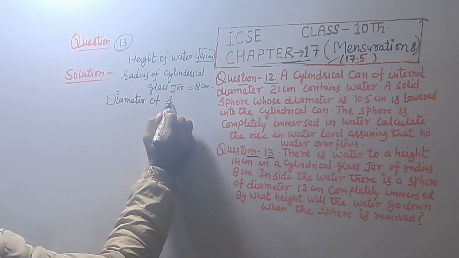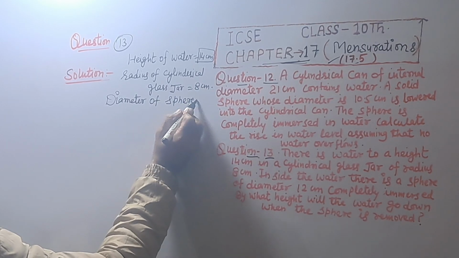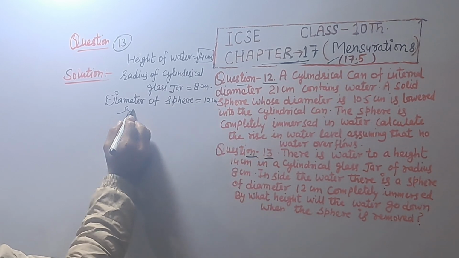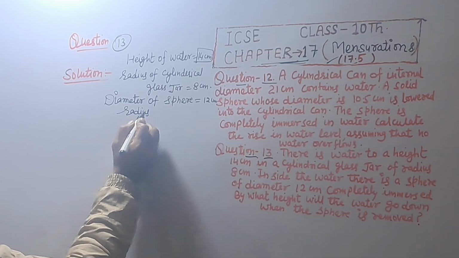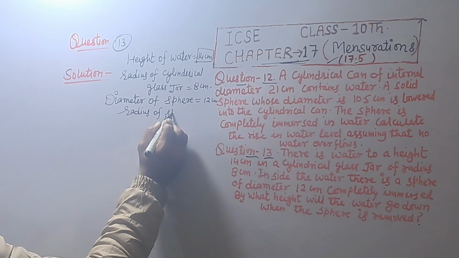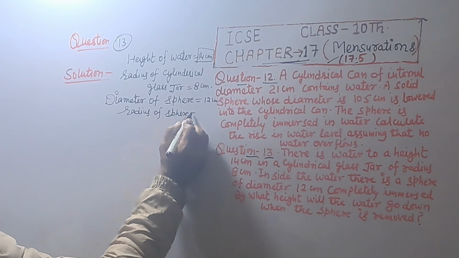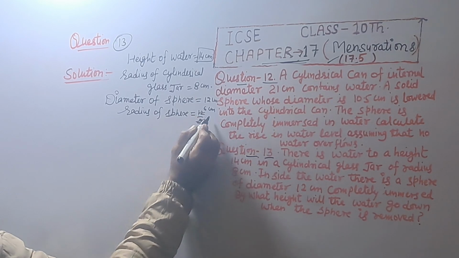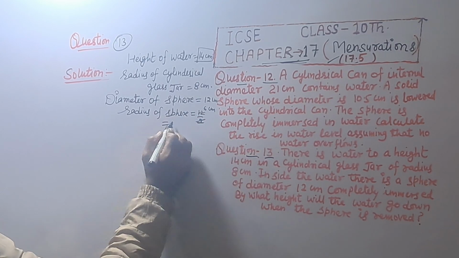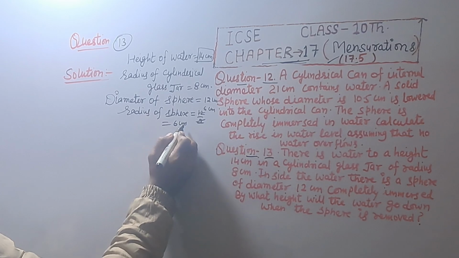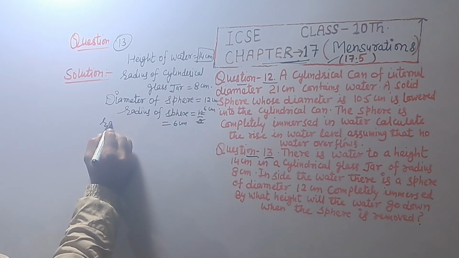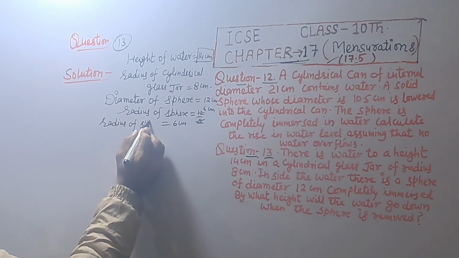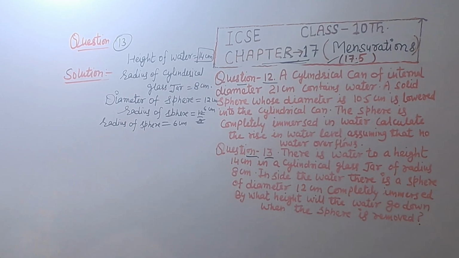Diameter of sphere equal to 12 centimeter. Radius of sphere equal to 12 upon 2, that is equal to 6 centimeter.